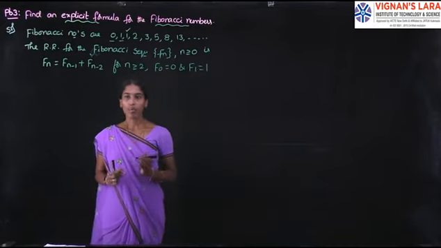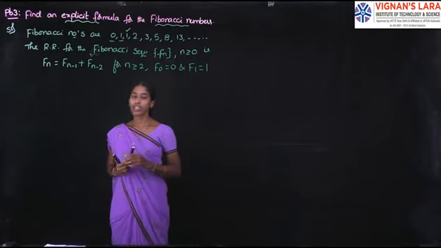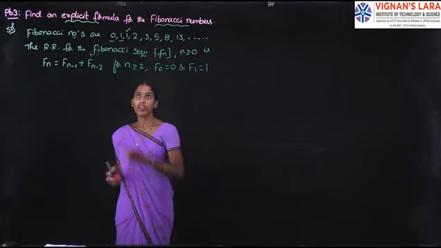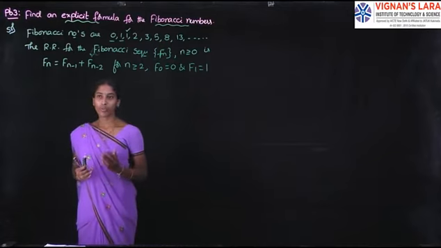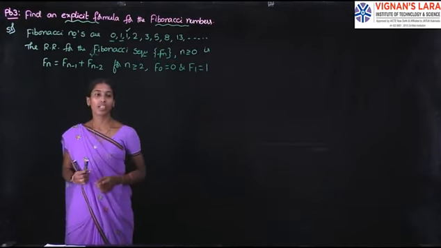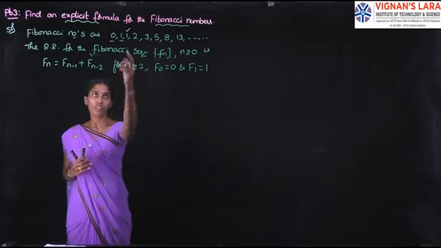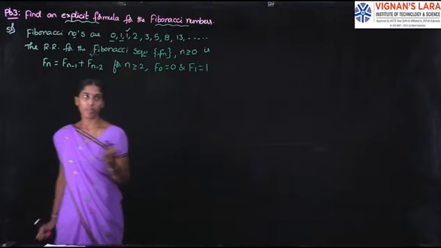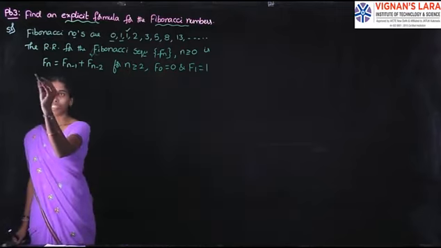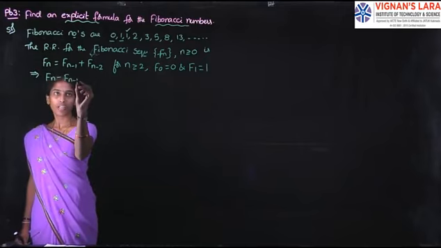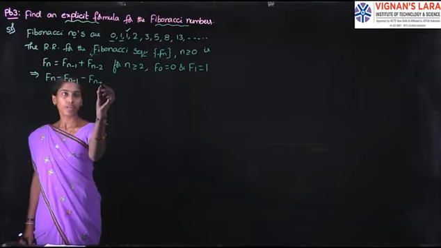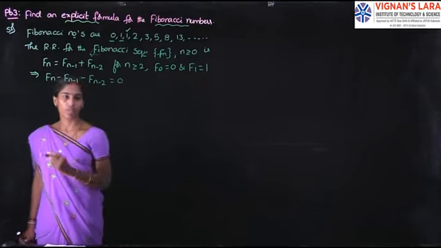So we have to construct the recurrence relation using the terms of the Fibonacci sequence. Now we have to find its solution. The solution of this recurrence relation gives us the explicit formula for the Fibonacci numbers, right? So it can be written as Fn minus Fn minus 1 minus Fn minus 2 is equal to 0.